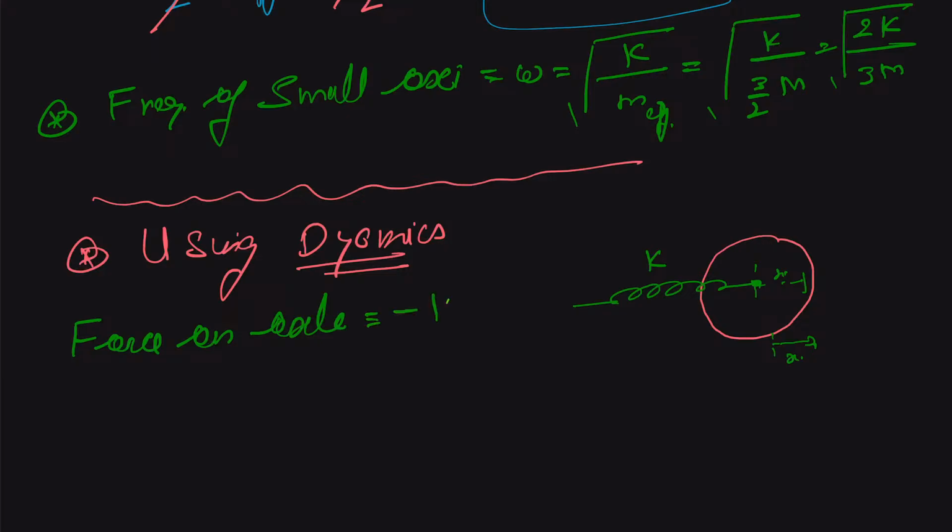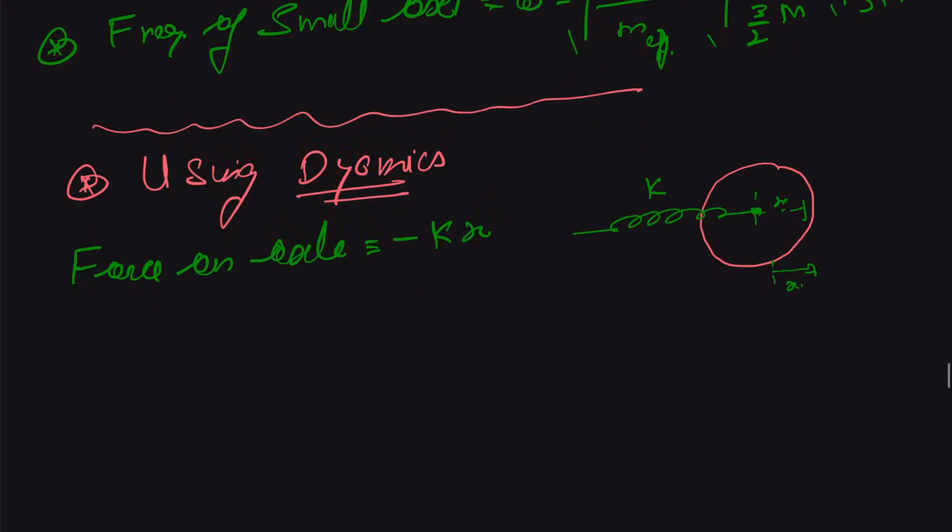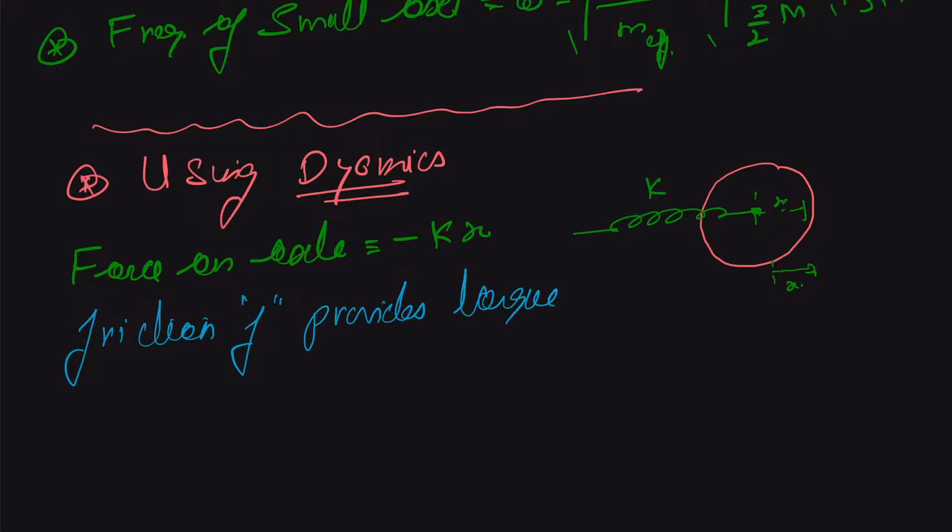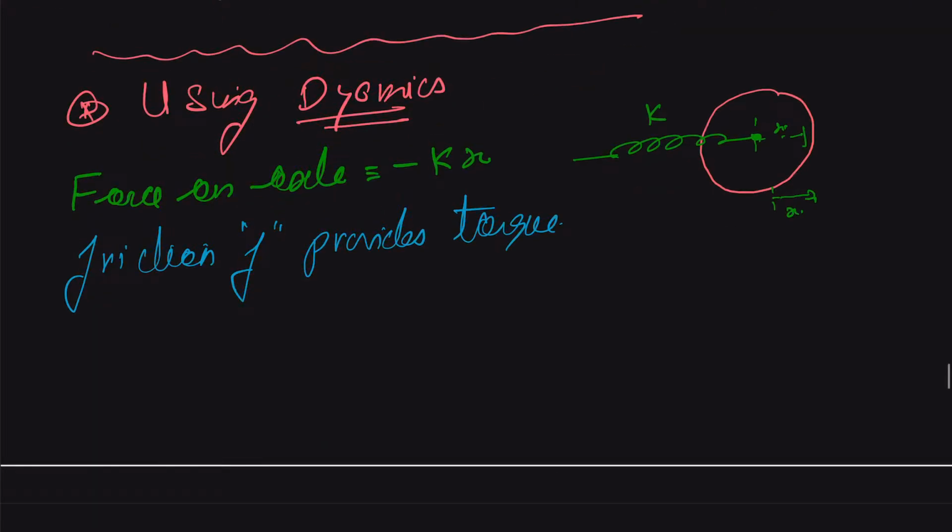will be equal to minus kx, and the friction is going to provide the torque. Our friction F provides the torque. And once again we have two types of motion, translational as well as rotational.